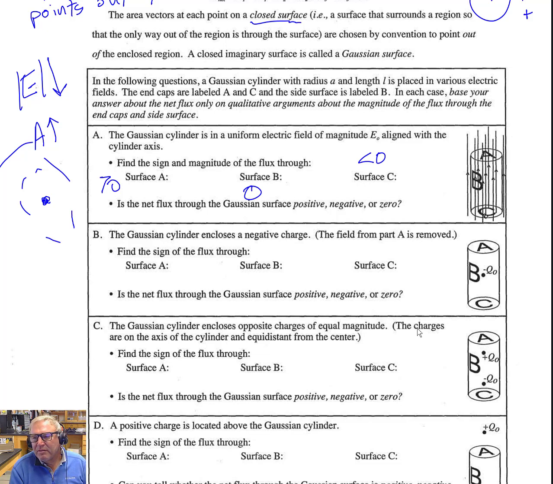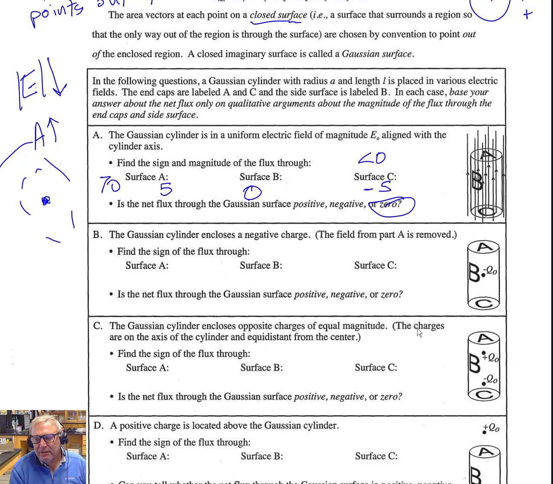Some people got 7, I got 5. So the sign and magnitude of the flux. I'm just going to give it an arbitrary number of 5. And then for this one, since the same number come in and the same number come out, that's negative 5. So the total flux is 0.